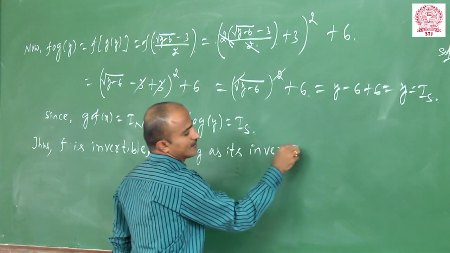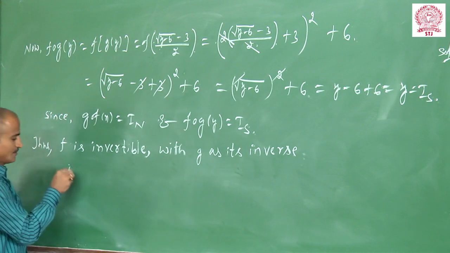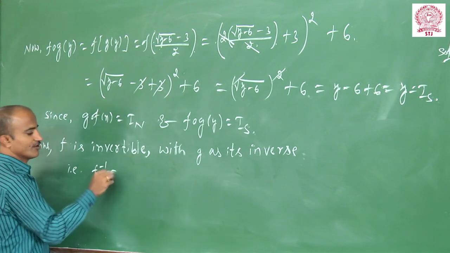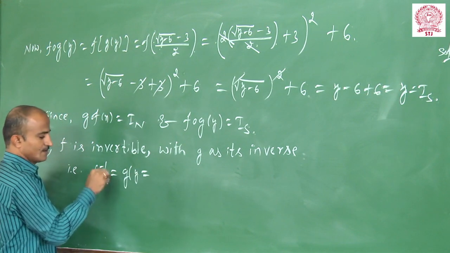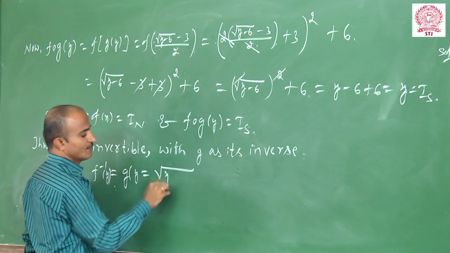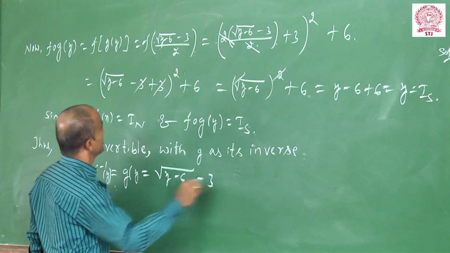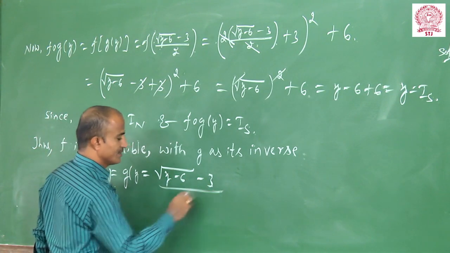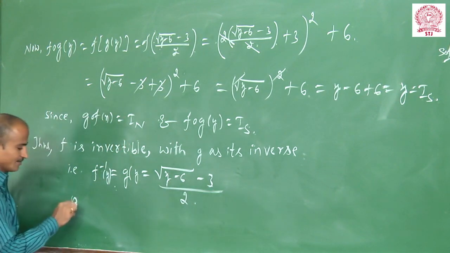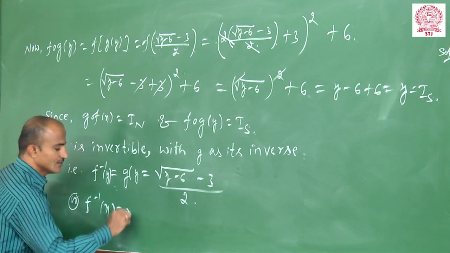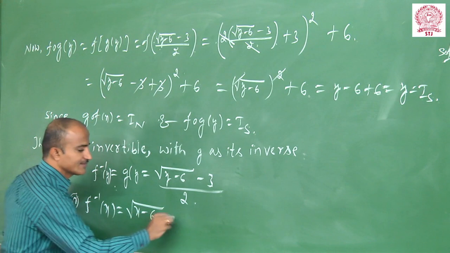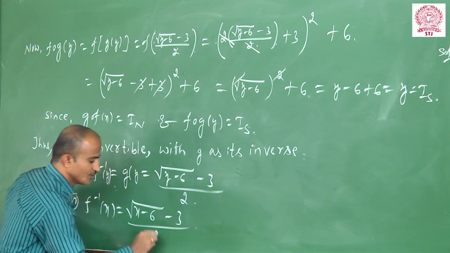That is, f inverse equals g, and that will be root of y minus 6 minus 3 by 2, or f inverse of x is root of x minus 6 minus 3 by 2.